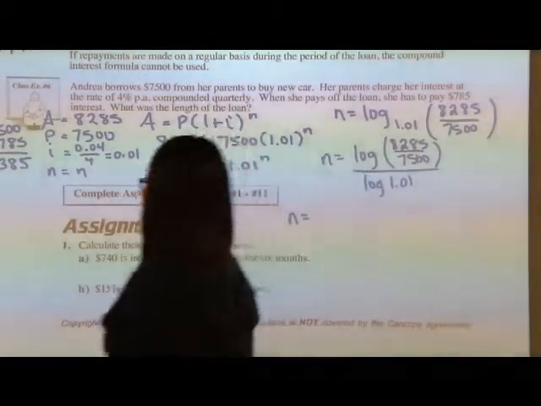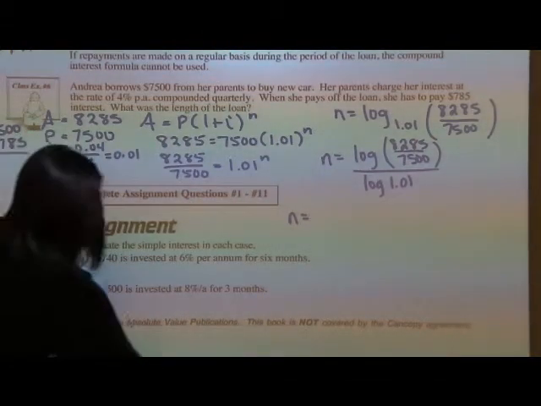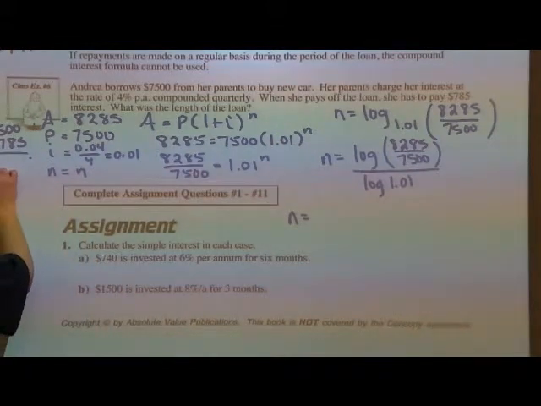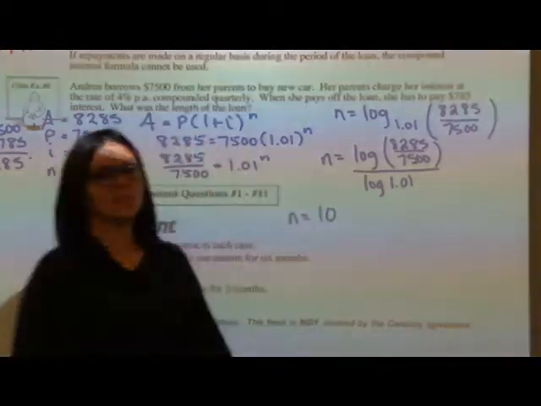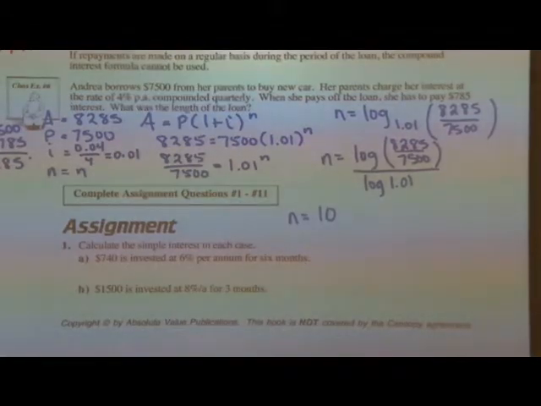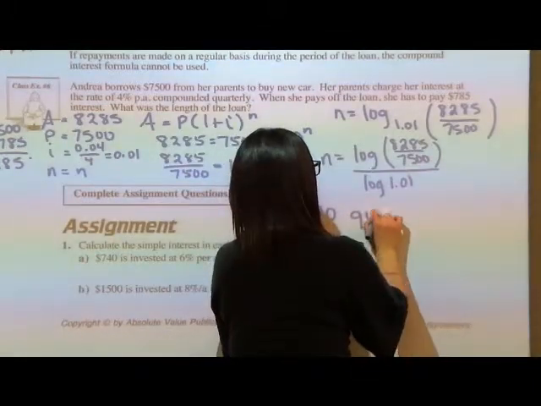Okay, so then what does n equal? 10 what? Compound periods? And what are my compounding periods? Quarterly. So this becomes 10 quarters.